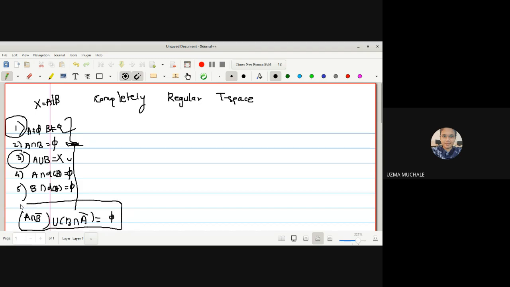Now let us start with the definition of a completely regular space.